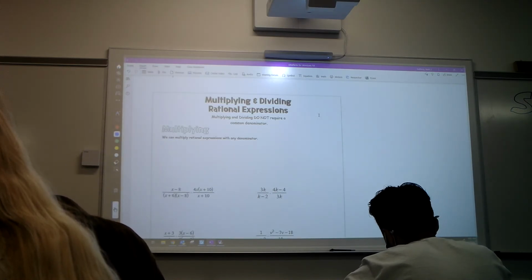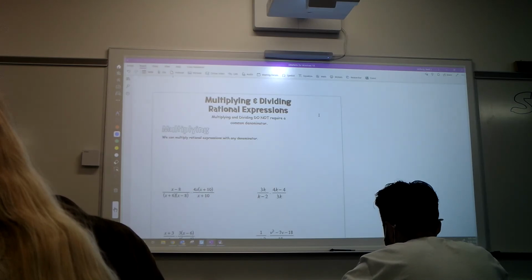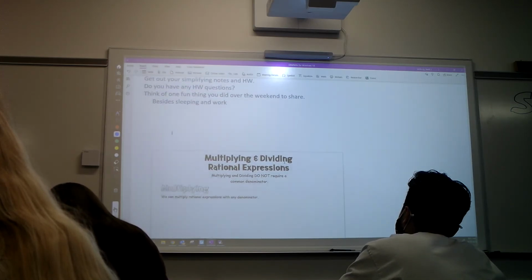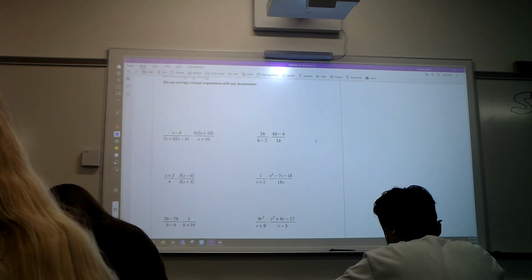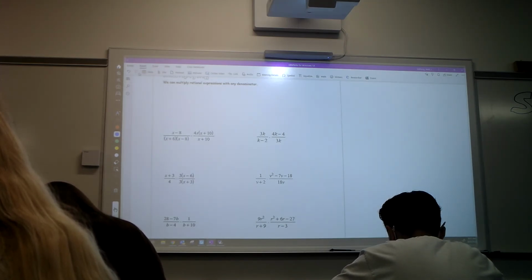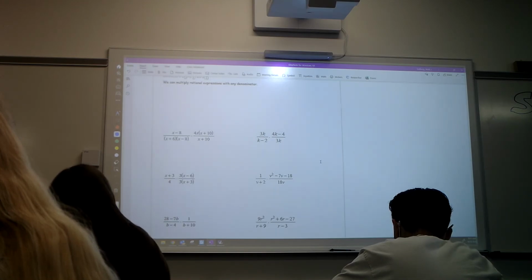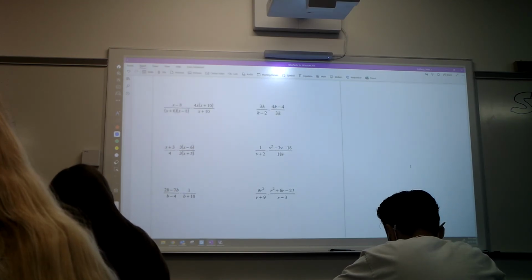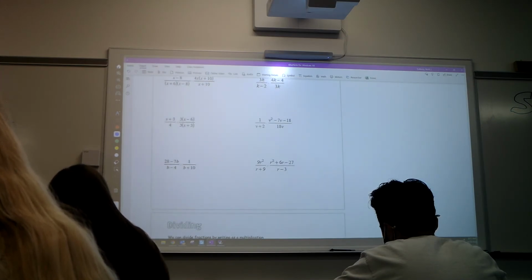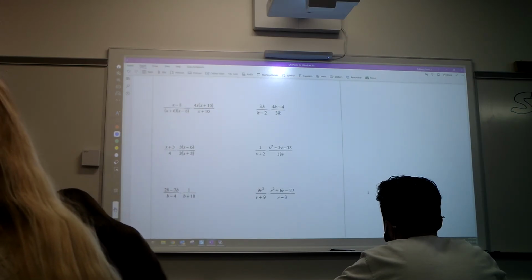Now, if it's already factored, do you need to still factor? No. Silly. Okay, let's go ahead. We're just going to do 6 examples, and that will be it for multiplying, okay?